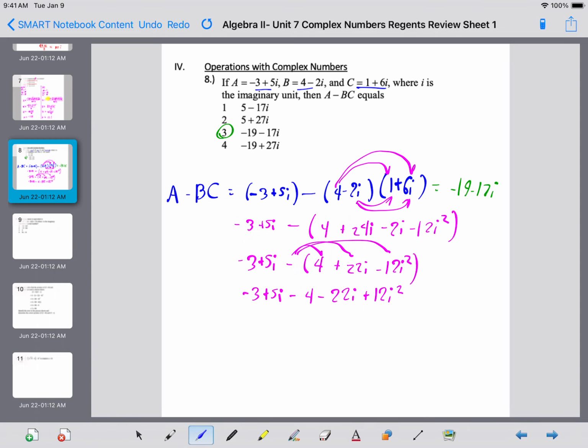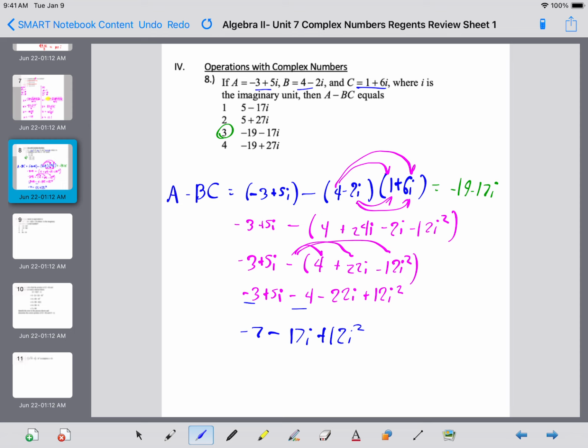Combine like terms. -3 minus 4 is -7. 5i minus 22i would be minus 17i. And then plus 12i squared. So we simplified it as best we could.